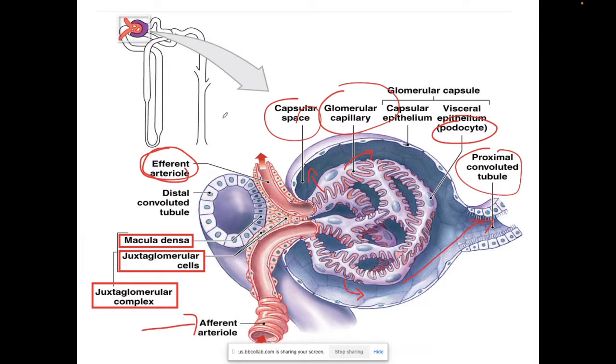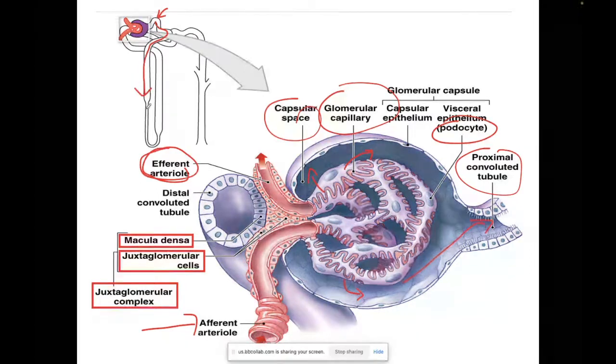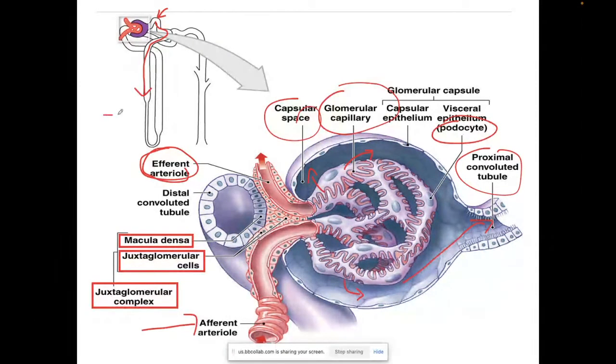Now, right here in purple on the top, this is the Bowman's capsule still, but right after that purple section, you're going to have the proximal convoluted tubule, and then we follow it around. We've got that descending limb, and remember, the descending limb was thinner because it was more squamous cells, so you've got that thinner part here.